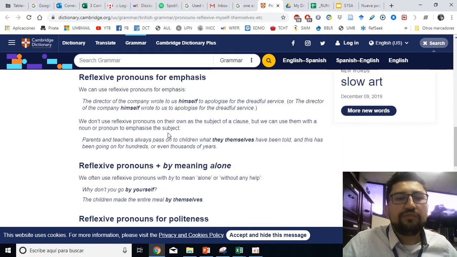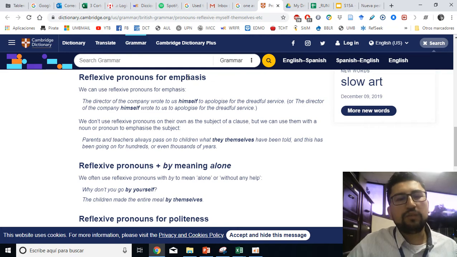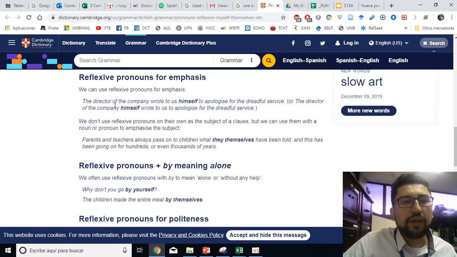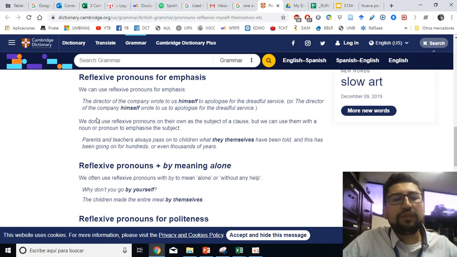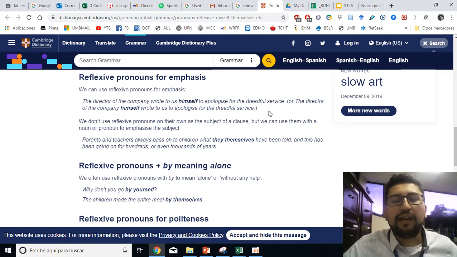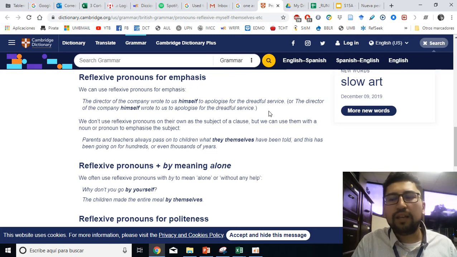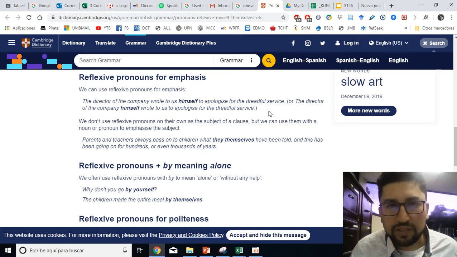So also we have reflexive pronouns for emphasis, right? We can use them when we want to highlight the value of some person, right? Let's say this example: the director of the company wrote to us himself to apologize for the dreadful service, right? So in this case, the context is that he apologized, but it is about the way he did it. It's not just that he apologized.